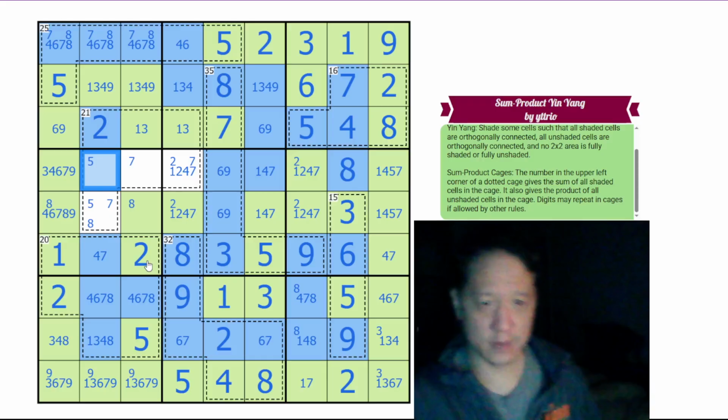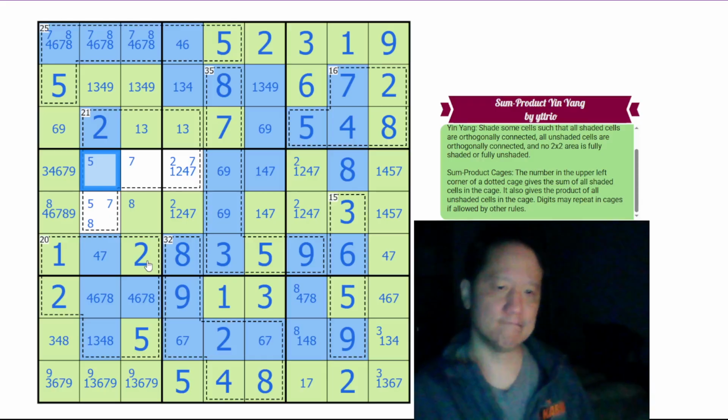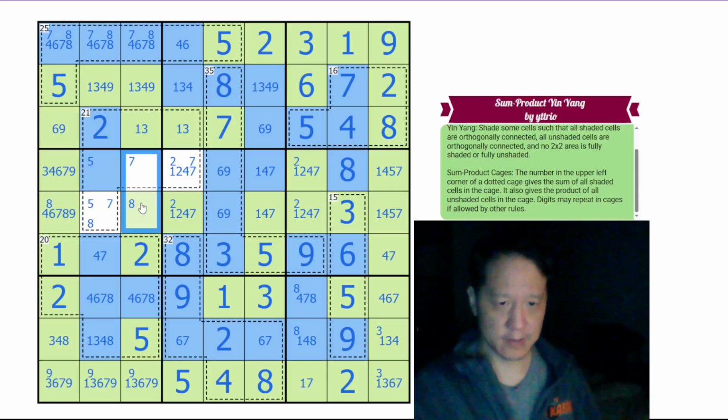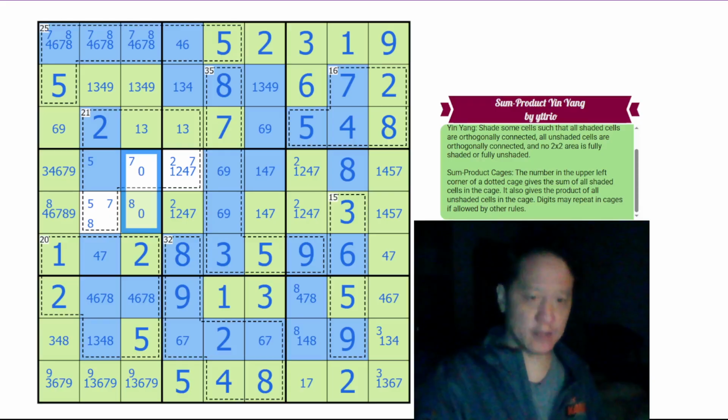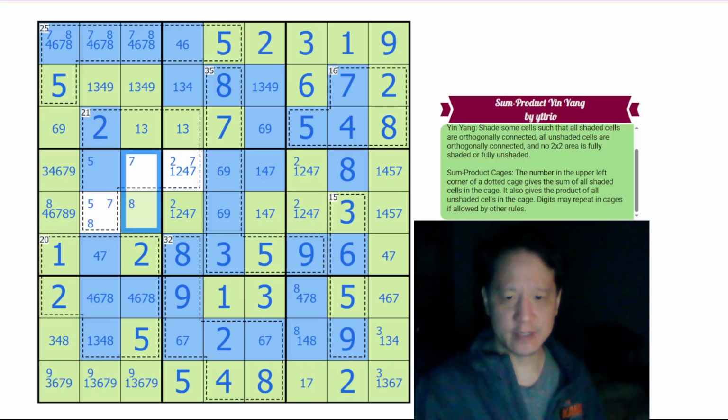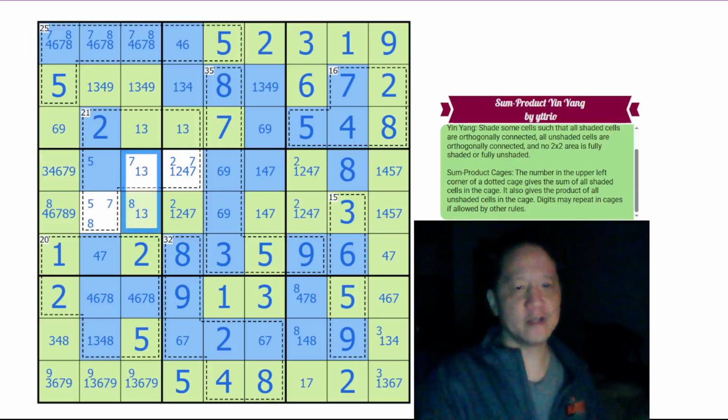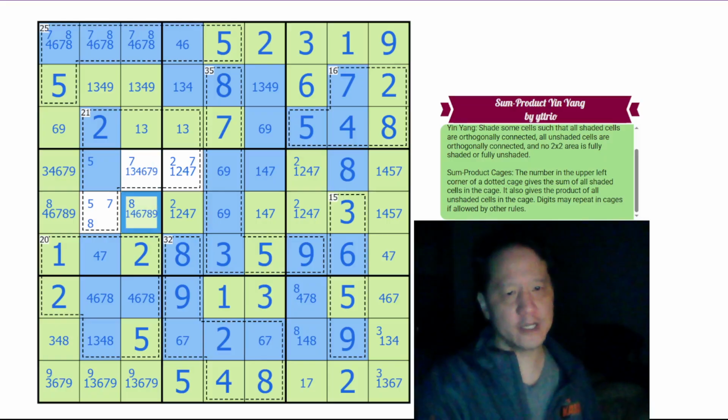Okay. Remaining digits of column 3. 1, 3, 4, 6, 7, 8, 9. Obviously, this can't be 8. This can't be 3.